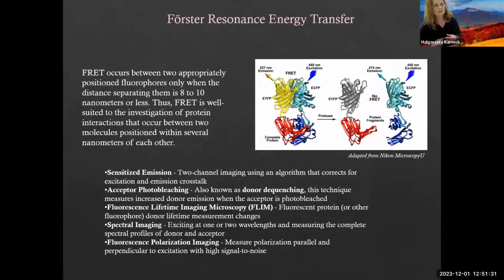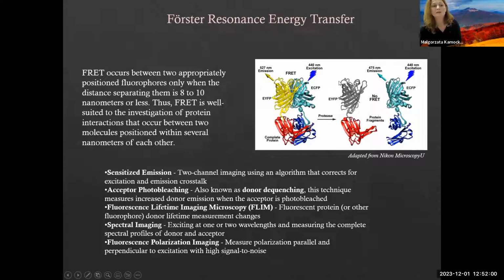So here is another representation, an example of FRET to study proteolysis. Before the two proteins which have fluorescent tags are proteolyzed, they are FRET positive, they are in close proximity, so energy transfer can happen, and we observe emission of the acceptor.